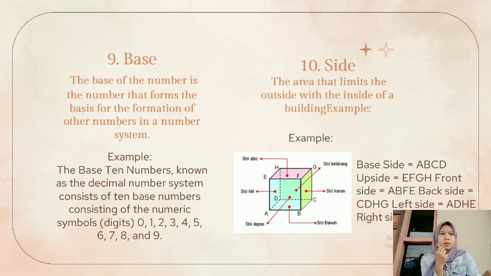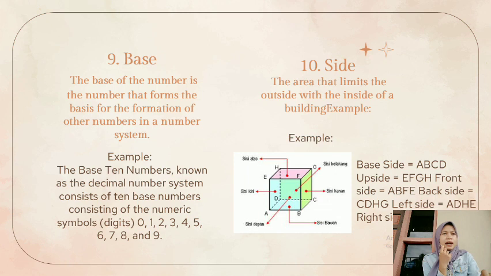Example, the base 10 numbers, known as the decimal number system, consist of 10 base numbers consisting of the numeric symbols or digits 0, 1, 2, 3, 4, 5, 6, 7, 8, and 9.